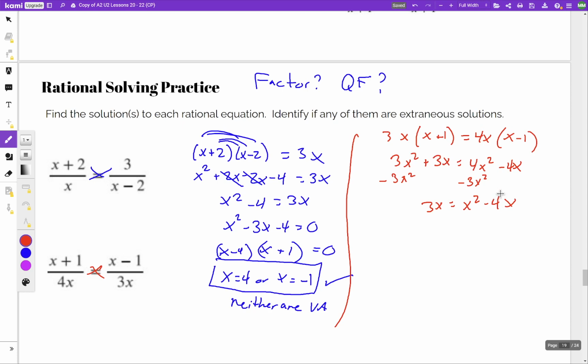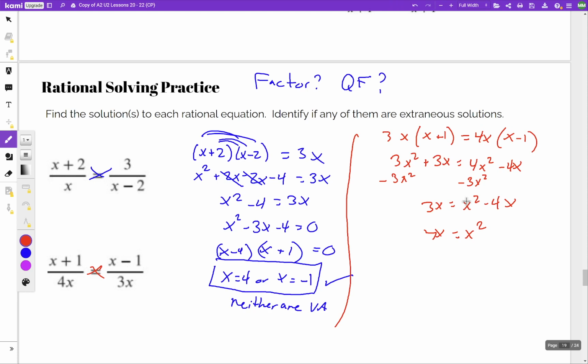Now I will add the 4x to both sides, and I get 7x equals x squared. So what can happen here, right?